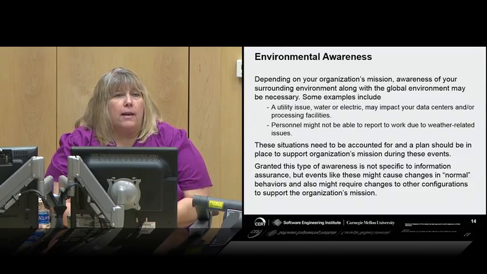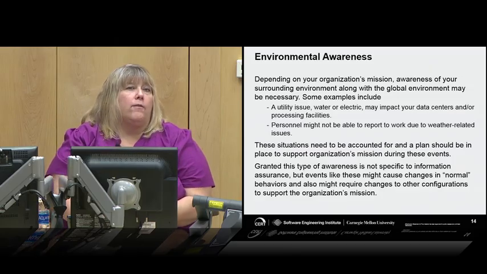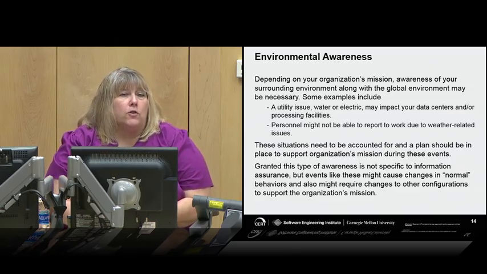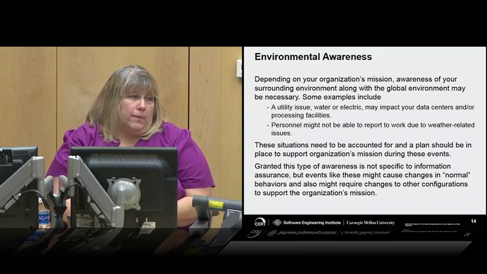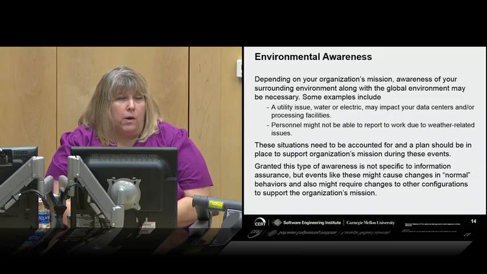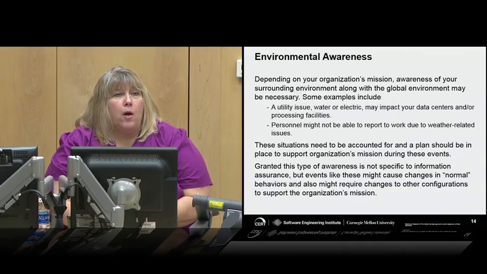Even for the fact that you may not have the right personnel to perform their tasks if there are other environmental factors. If there's bad weather or bad snow, icy roads, staff may not be able to get to work. If power is out, they cannot remotely connect from home.